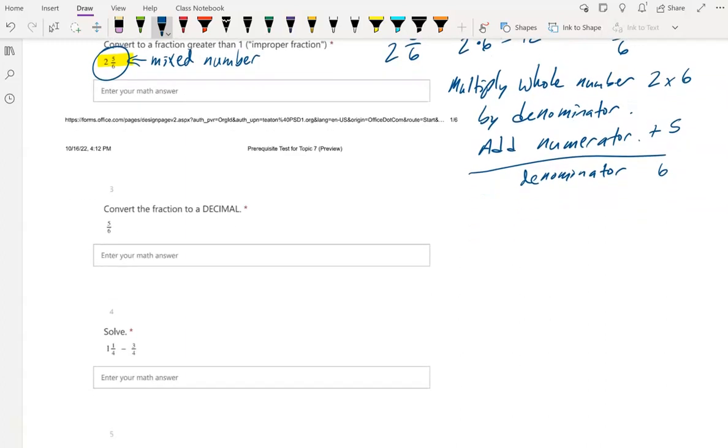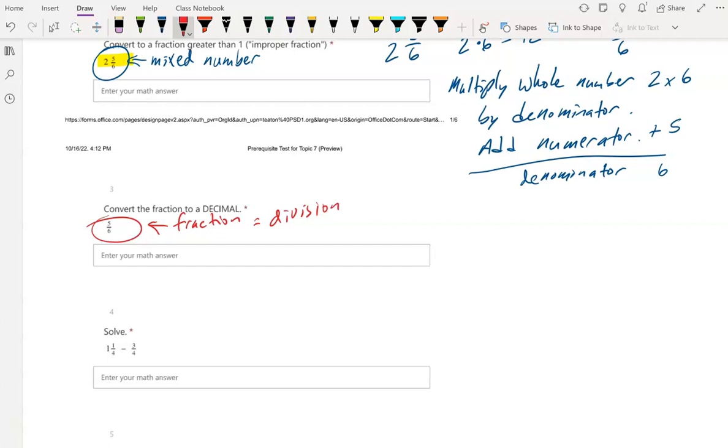Now, the next one, we want to convert this fraction to a decimal. 5/6 to a decimal. Pretty easy if you consider that a fraction is a division problem. A fraction equals division.